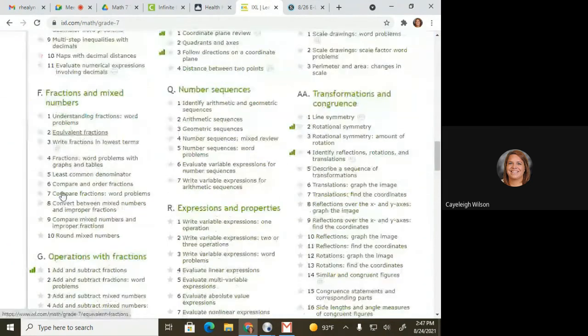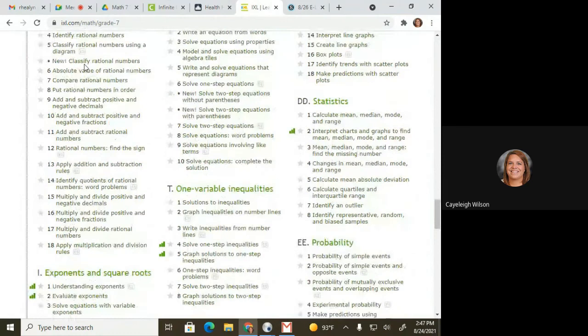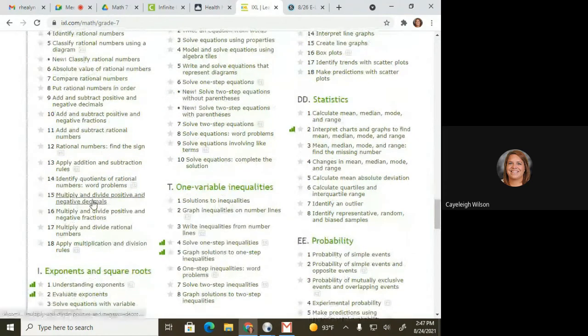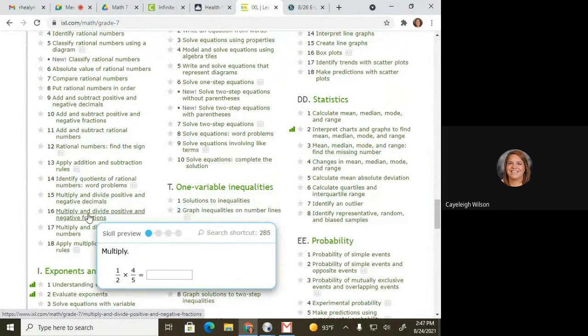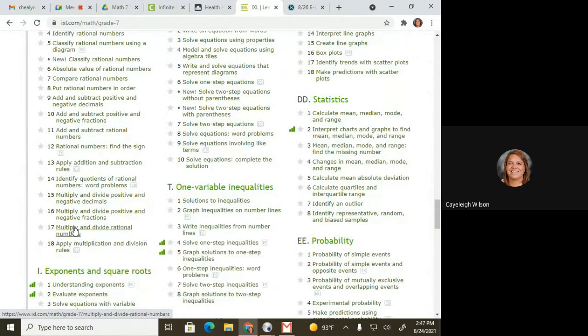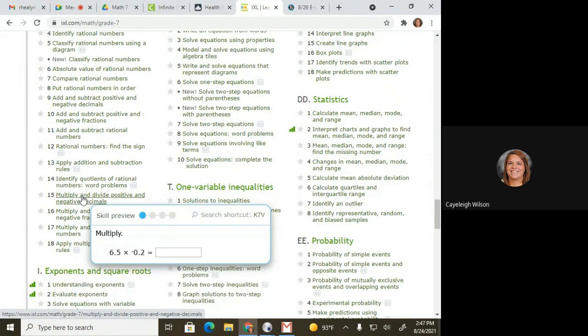So you're going to go down until you find H. So here's H. And rational numbers is what we've been working on. And I'm going to scroll down, and we're going to do 15, 16, and 17. And I want us to be able to get to at least a 70 on these, okay?